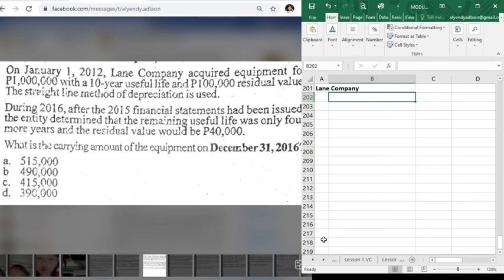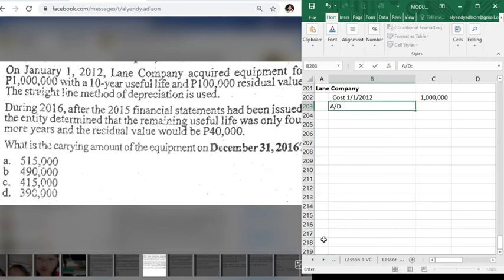Okay, so take note that this is a change in useful life and a change in residual value. We update first before we compute for the new useful life. We have the cost on January 1, 2012, that is 1 million, and the straight line method of depreciation is used. So, what is the accumulated depreciation?